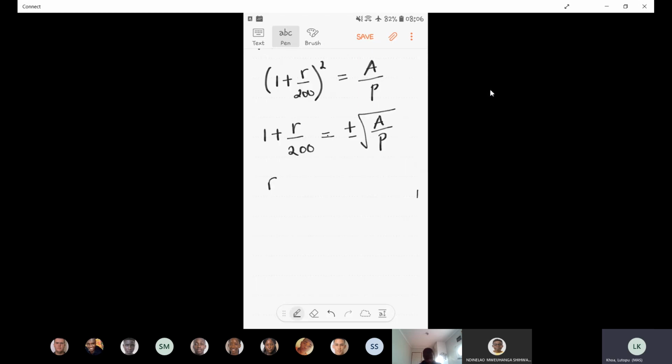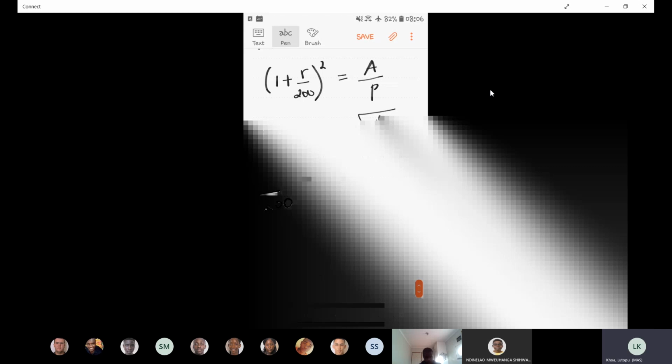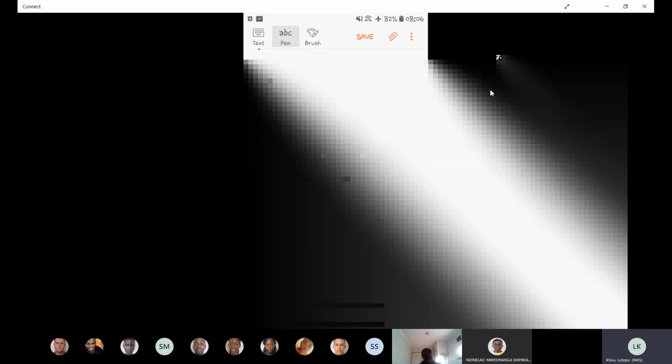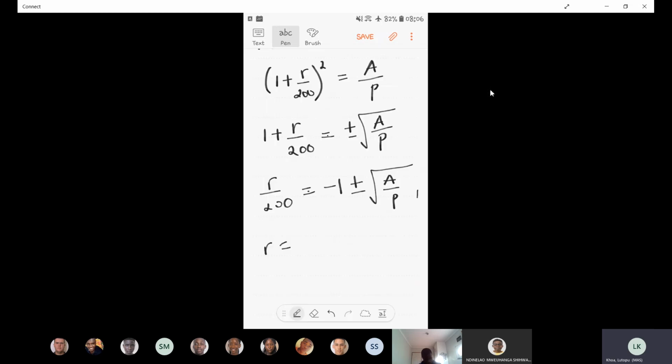So I have R over 200 is equal to minus 1 plus or minus the square root of A over P. And then that means R is equal to the 200, when it goes to the other side, it must multiply all the separate terms. So I'll have minus 200 plus or minus 200 square root of A over P.